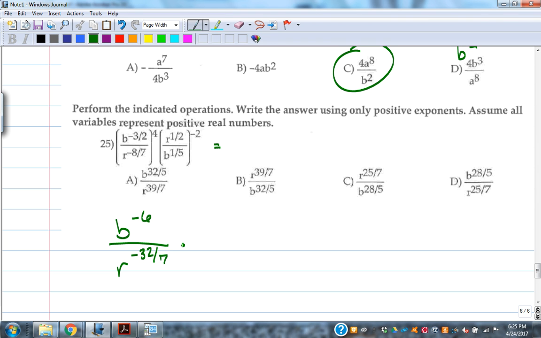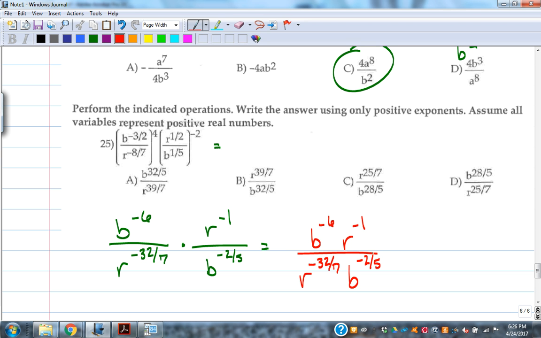It leaves kind of ugly there. And then that's going to be r to the negative 1 over b to the negative 2/5. Then I'm just going to multiply straight across. So I've got b to the negative 6, r to the negative 1, over r to the negative 32 over 7, b to the negative 2/5.